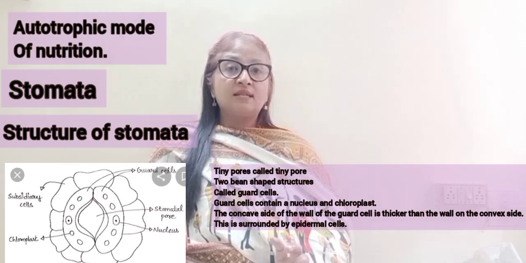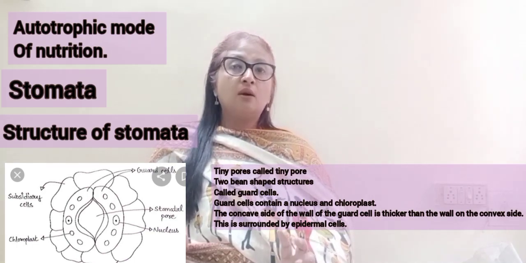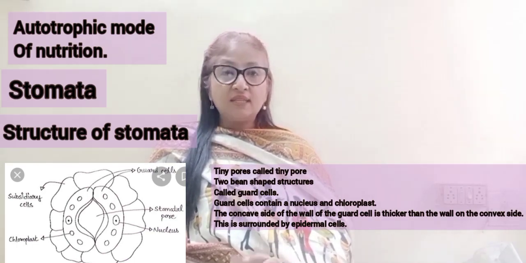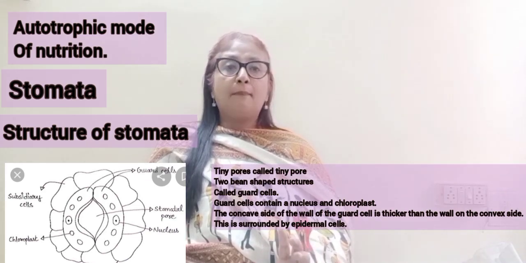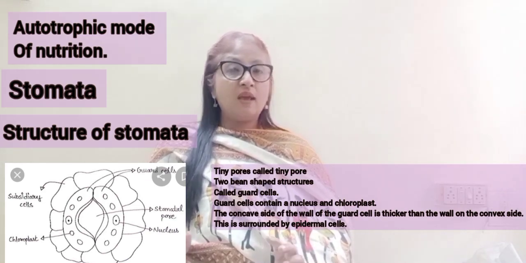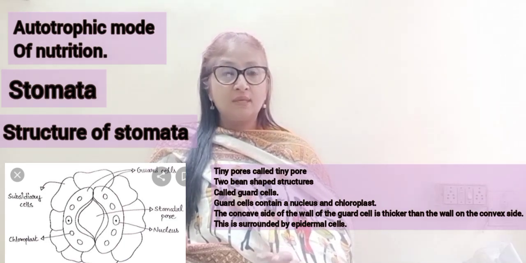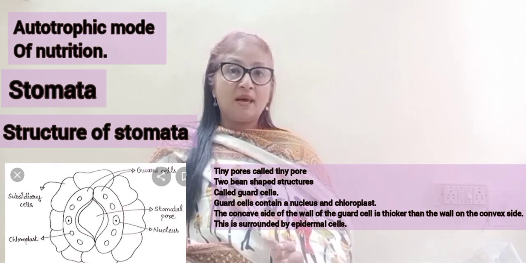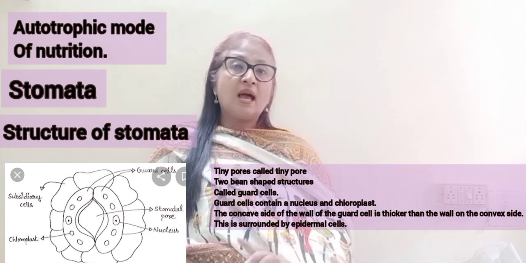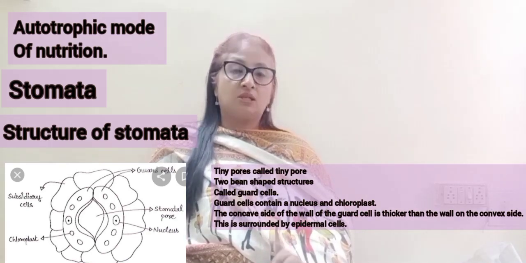The guard cells contain a nucleus and chloroplasts, and are surrounded by epidermal cells. So the important parts are the stomatal pore, guard cells, the nucleus and chloroplasts present in the guard cells, and the epidermal cells surrounding it.